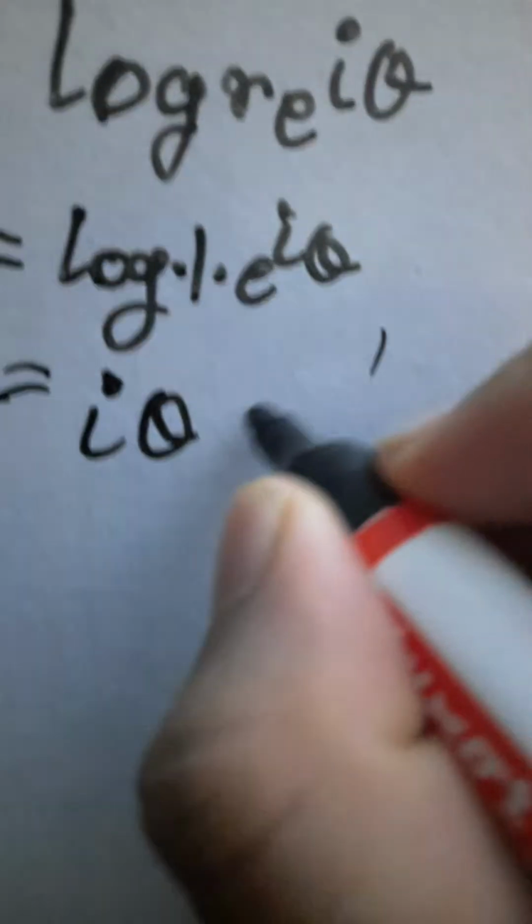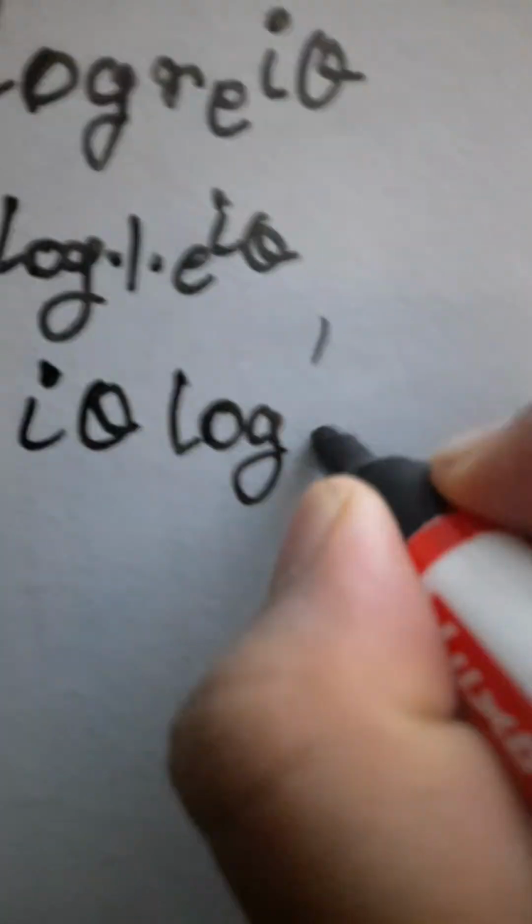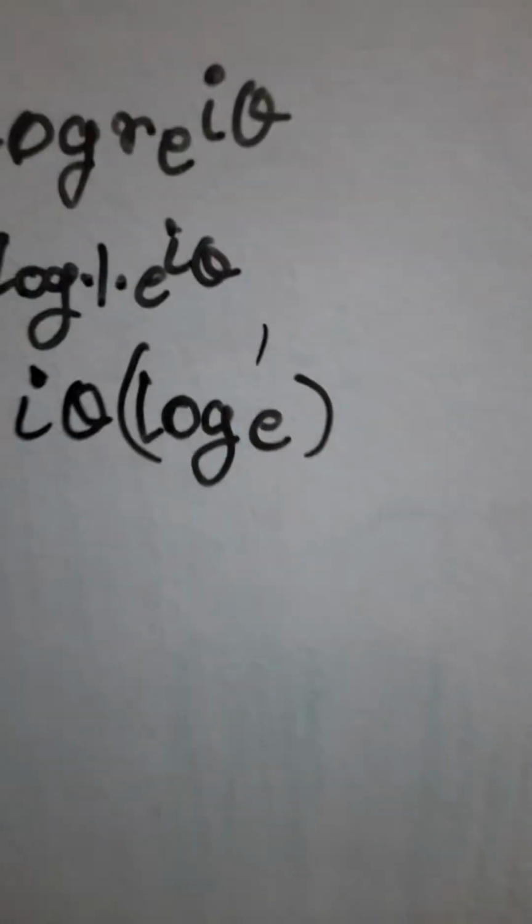So log of r e raised to i theta, then this i theta will come in front: i theta log e. You have to remember log and e are opposite things, like e raised to something while log has a base to something, so they are always opposite. Log always takes bases and e always makes powers. So log and e cancel each other, and we get i theta, simple.